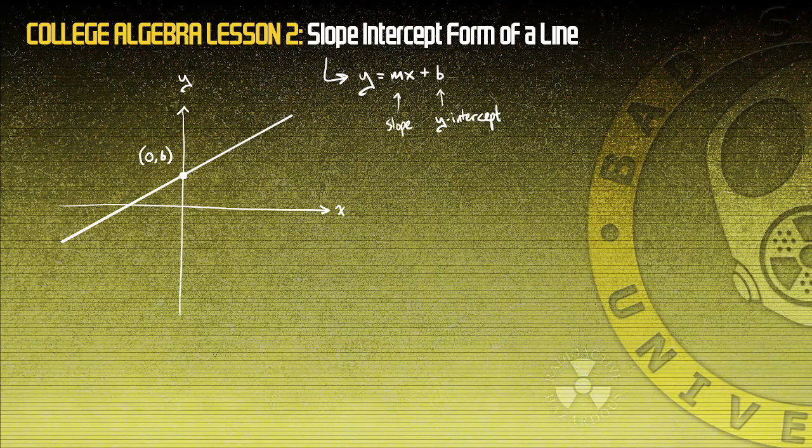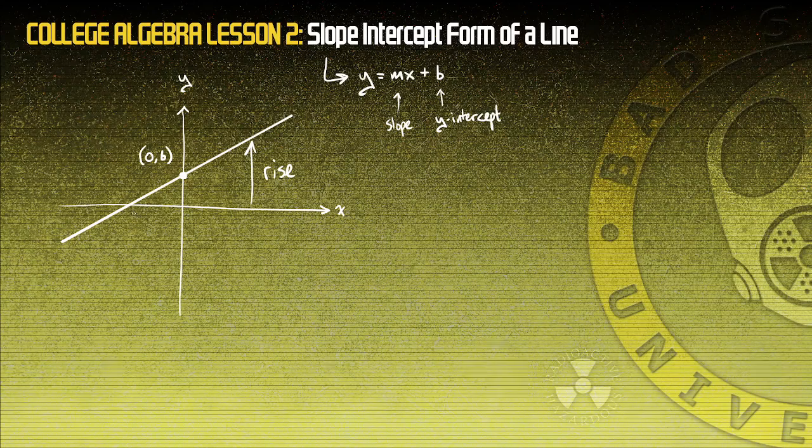Now here on the left you can see a coordinate system with a line running through it, and the line intercepts the y-axis when x is 0, and the point is just assigned some random letter b. I think it's arbitrary, I don't know if it's supposed to stand for anything. But you take a look at the line, and what we want to see is what the rise versus the run is.